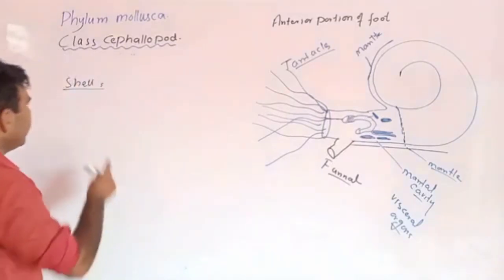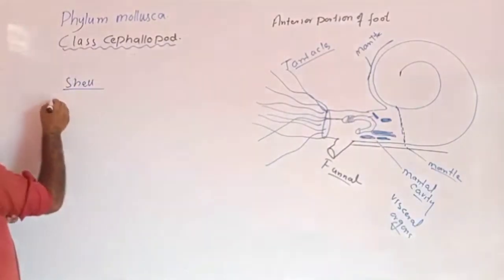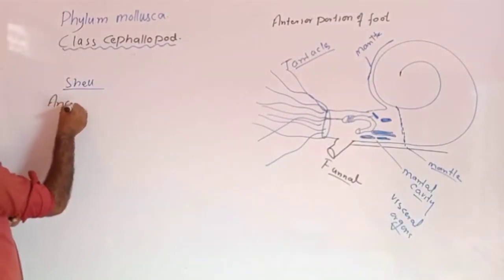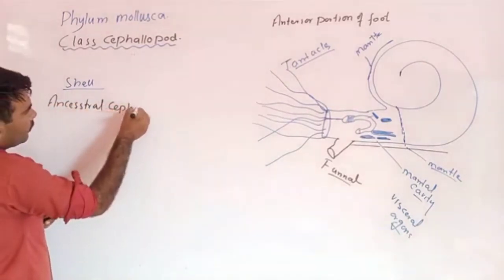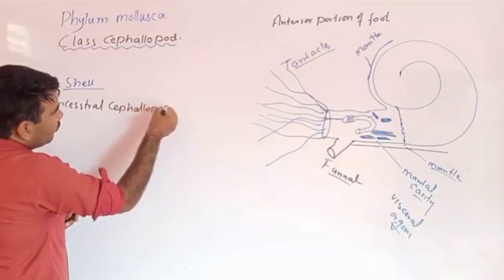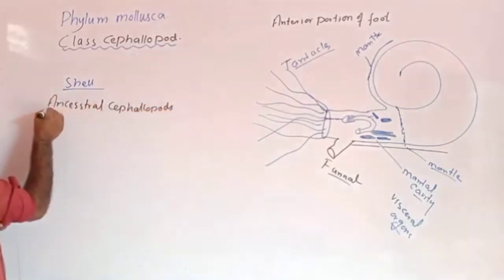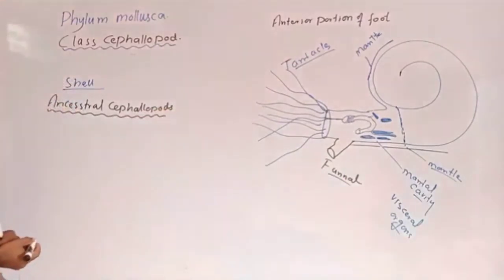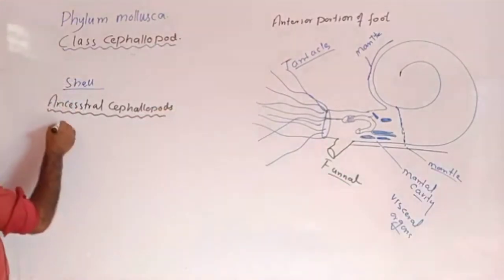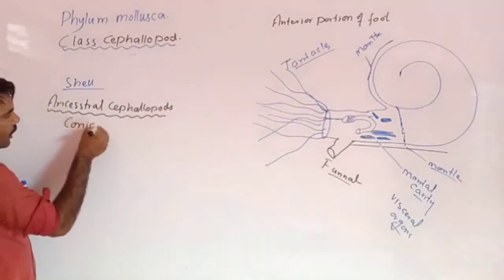The first example is ancestral cephalopods. When we talk about the shell of the ancestral cephalopod, we can say that they have a shell but conical in shape.